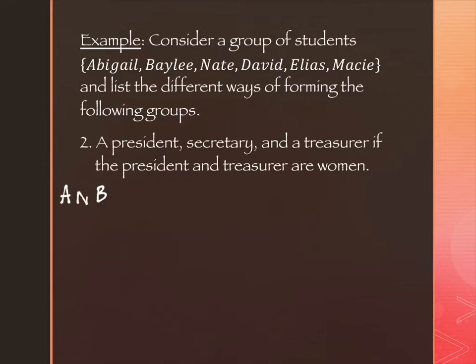Nate. He could. Who else could be my secretary? David. Who else could be my secretary? Elias. And Macy. Or Macy, right. So I actually end up getting 4 different places where I have Abigail president and Bailey as the treasurer.